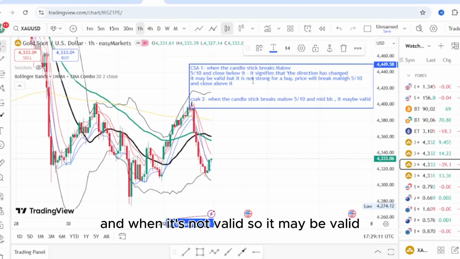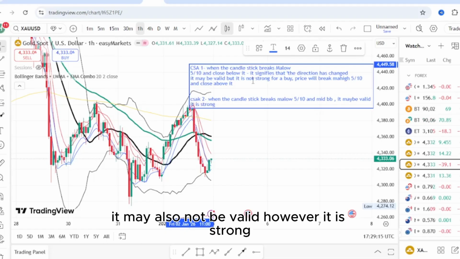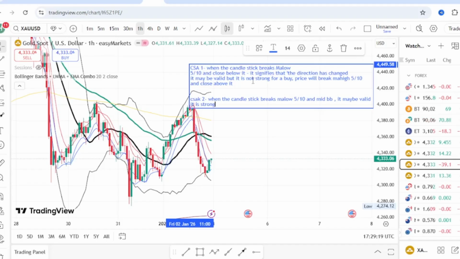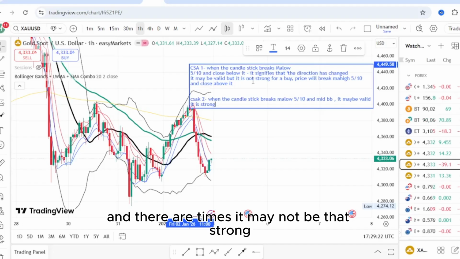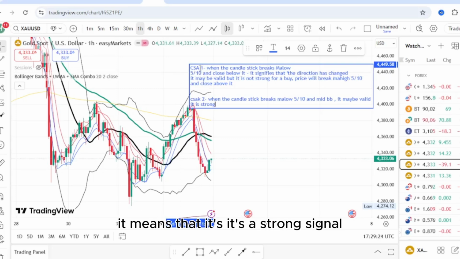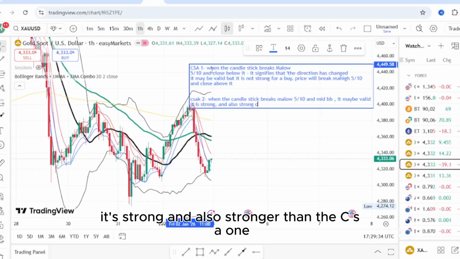However, it is strong, and there are times it may not be that strong. When I say it's strong, it means that it is a strong signal. It's stronger than the CSA1.